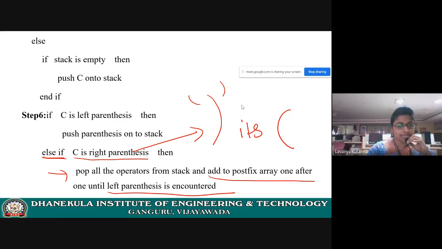Delete all the elements, add them to the postfix array one by one, and ignore the left parenthesis, the open bracket.